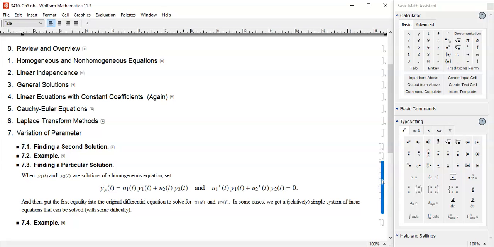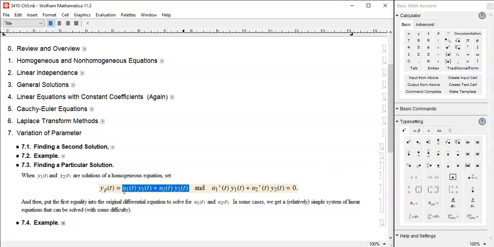Now let's go over to another one, finding a particular solution. If you have y1 and y2, which are solutions of the homogeneous equation, you can set the particular solution as u1 y1 plus u2 y2. u1 is a parameter that you have to find out. u2 is another parameter that you have to find out.